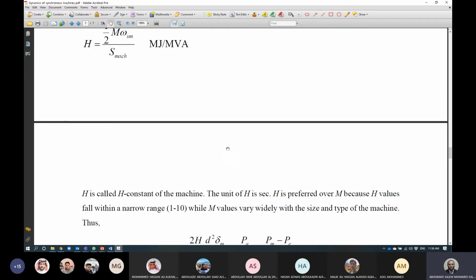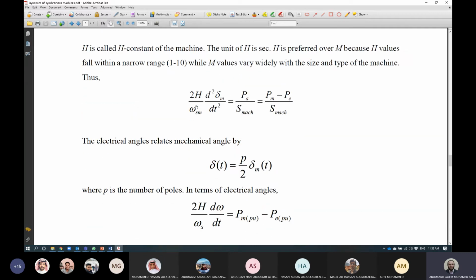So the final relation, guys, will be like that: 2H over omega d square delta over dt square equals P over S. Of course, P over S, guys, is nothing but power in per unit, right or wrong? It's power over apparent power. So this represents power in per unit.